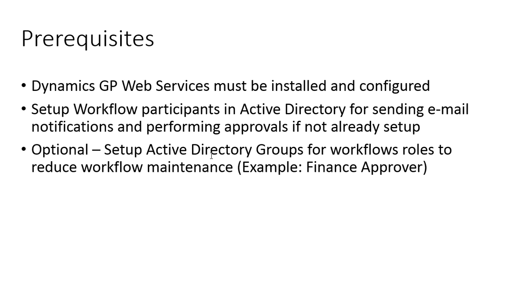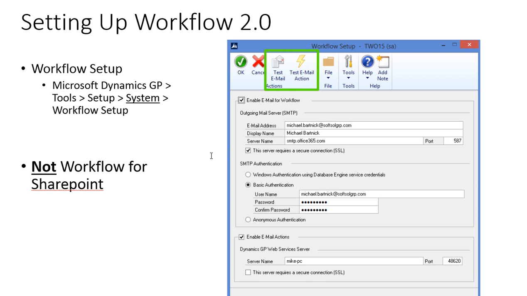And Steve, when he's set up in Active Directory, gets assigned to that group. Or you could have multiple people assigned to a group. You could have a senior leadership group. So in your workflow, you could select either a user ID or an Active Directory group. It also helps if there's turnover, you don't have to go back and take out Steve's name and put someone else's name in the workflow.